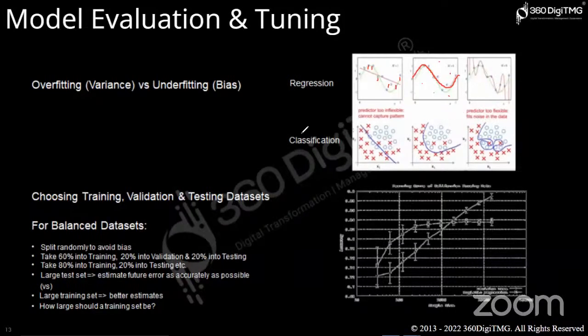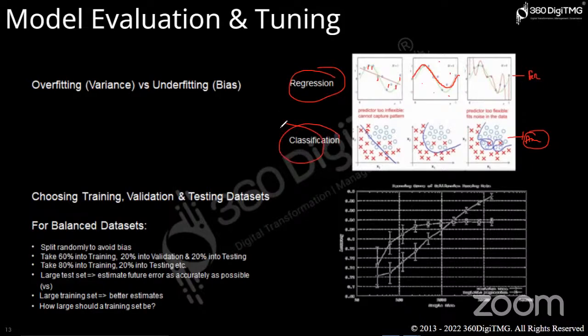In case of classification, I am trying to classify these points. I have drawn a line here, but still there is some error I can see. It has divided the data, but there is some error. In this case, most of the values are divided correctly, so the accuracy will be higher. We calculate the error value in the regression case and accuracy in the classification case.